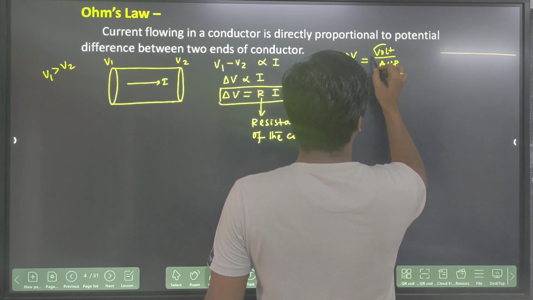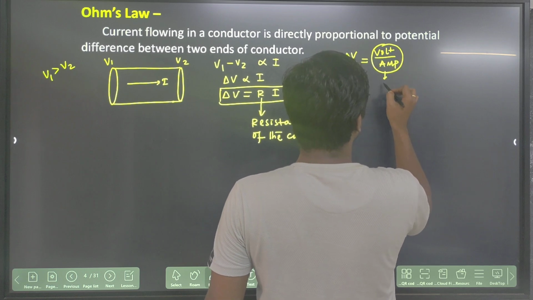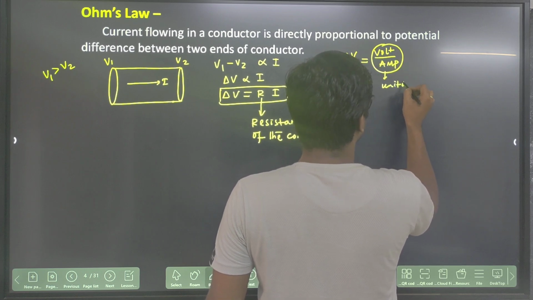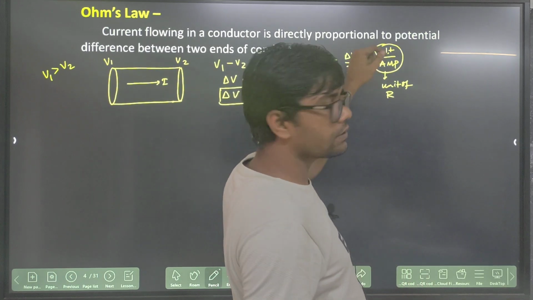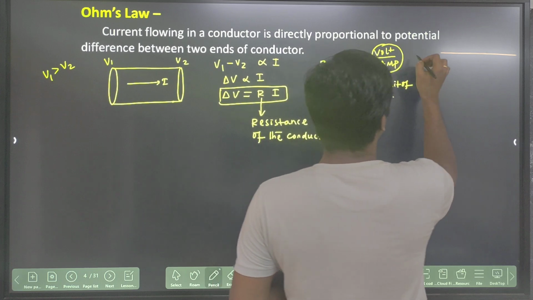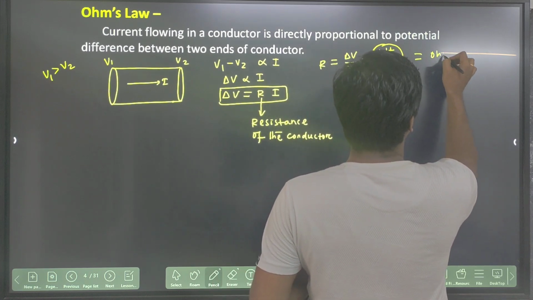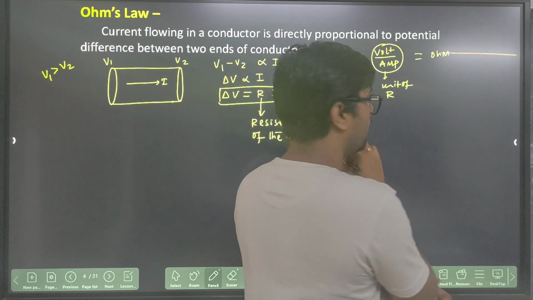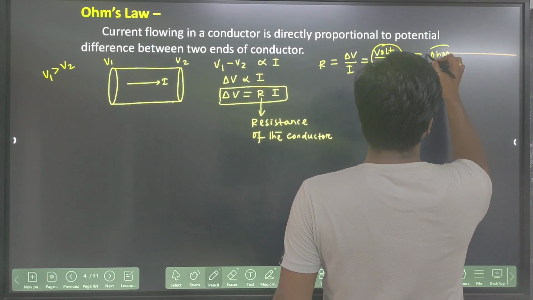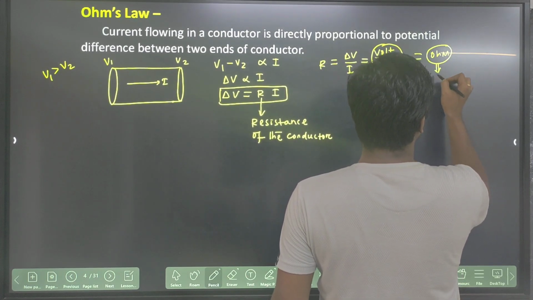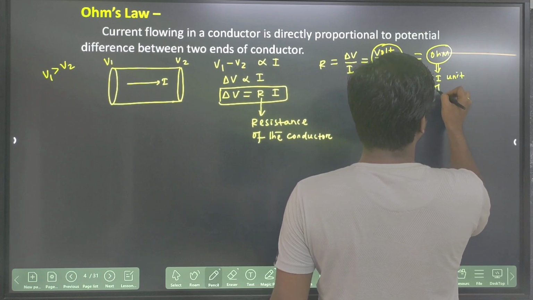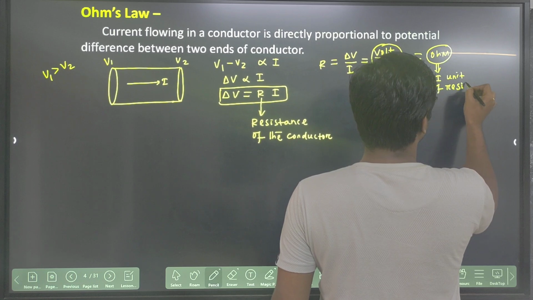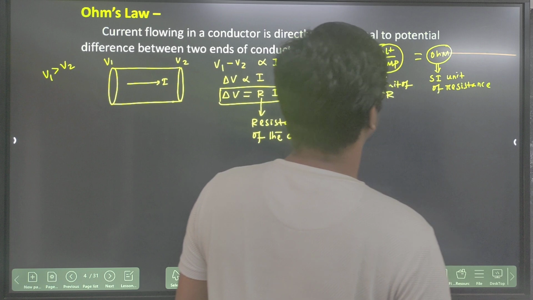So this is the unit of resistance. Unit of resistance also can be written as volt per ampere or ohm. This is ohm. So ohm is basically the SI unit of resistance. Clear? Ohm is the SI unit of resistance.